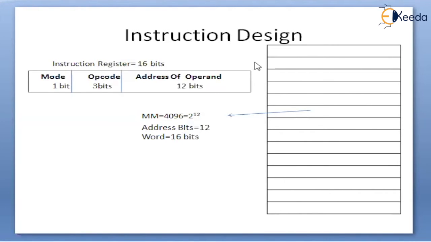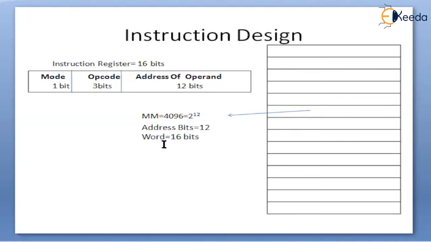We require an address part to address every location. So between 12 zeros and 12 ones, any address in the main memory can be located.